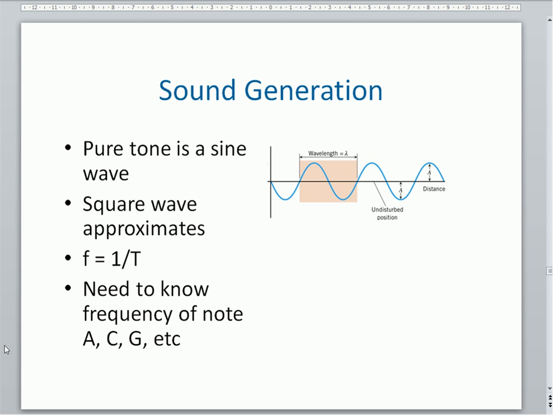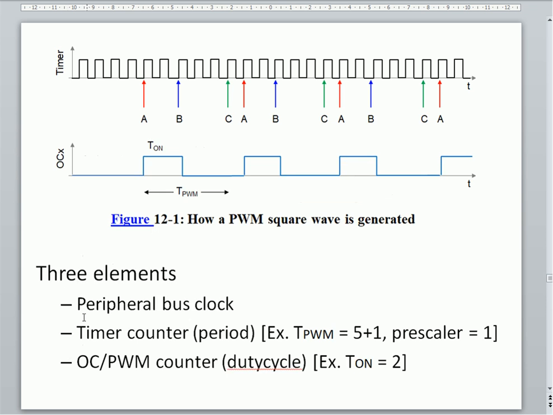Let's now talk about how the module works. Okay, so there's 3 elements. You need the peripheral bus clock, because that does the timing. It's sort of like the heartbeat of the modules. You need a timer counter, which keeps a count of how many rising edges are counted.